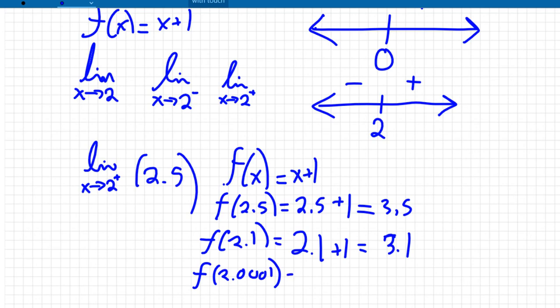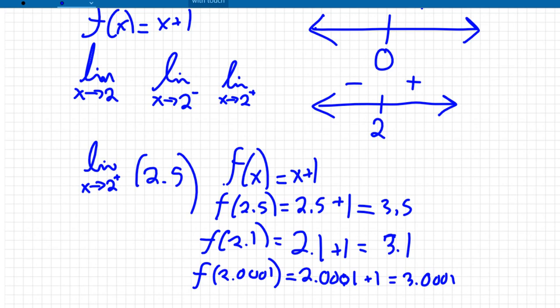So we'll go ahead and put that into our function. 2.0001 plus 1 equals 3.0001. So it's very obviously getting closer to 3.